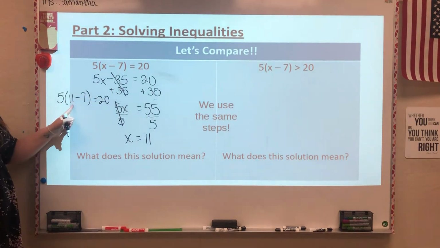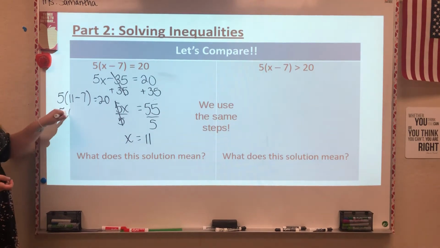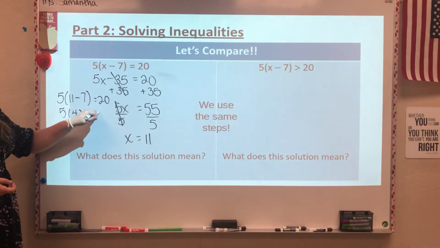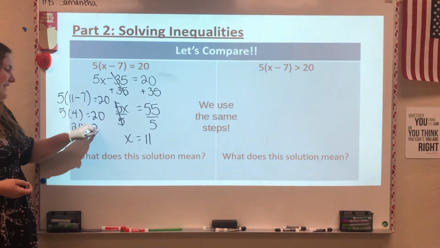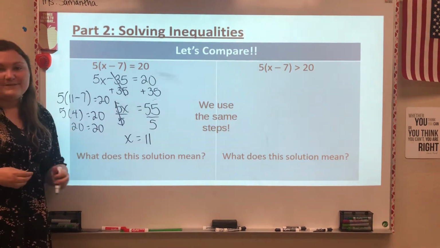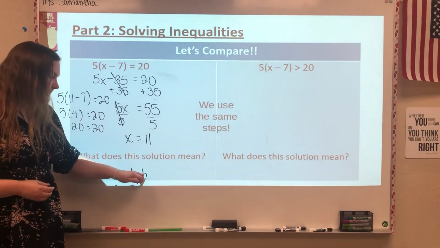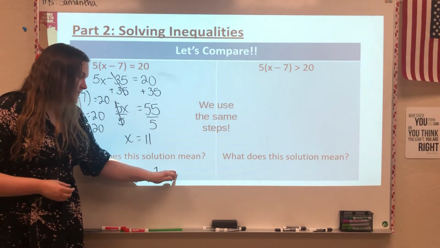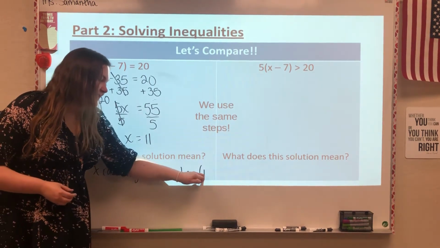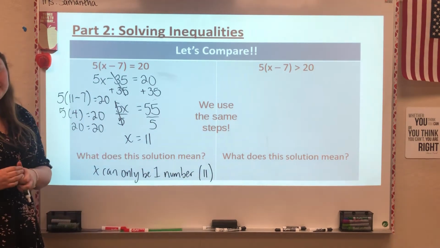It's the only number that works there to give you 20. It would give you 5 times 4, and then 20 equals 20. So what this solution means is x can only be one number, and that one number is the number 11.